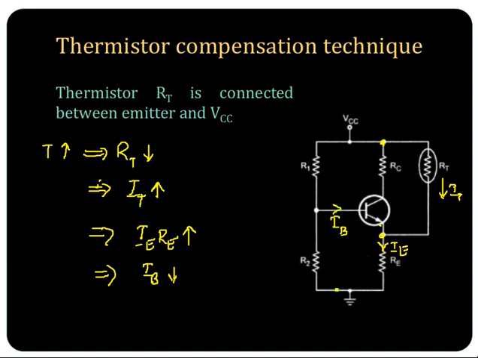IB will decrease if you take the Thevenin equivalent and solve. If IB decreases, ultimately it is causing a decrease in IC. IC is beta times IB. So thus, this thermistor will minimize the increase in IC due to change in the temperature.